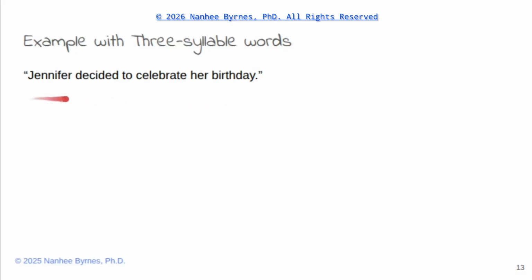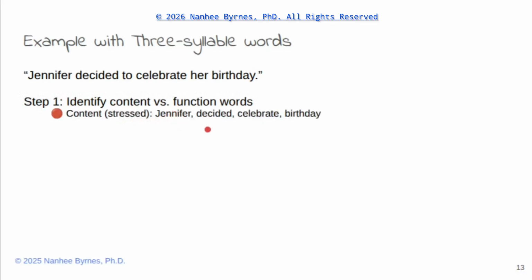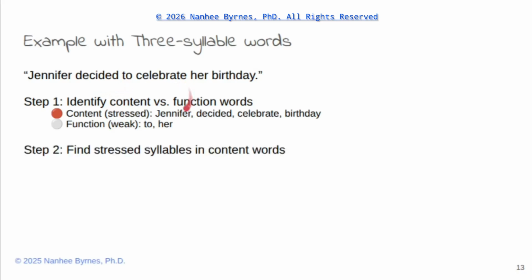Okay. First, I'll identify the content and function words. Content words, usually stressed: Jennifer, decided, celebrate, birthday. Function words, usually weak: to, her. Next, I'll find the stressed syllable in each content word.